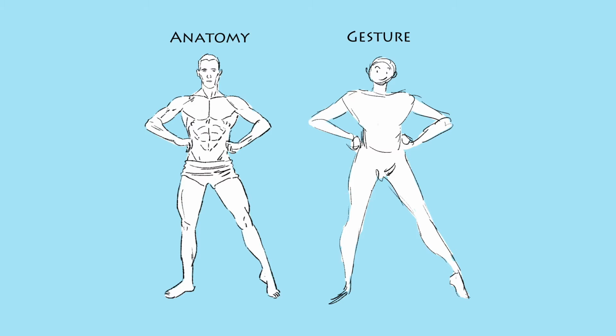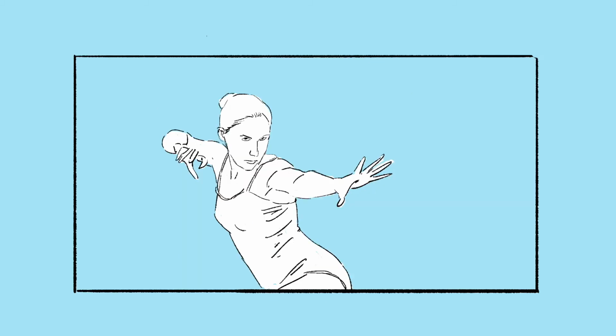So what you would do is just focus on the gesture of the character, because the gesture would communicate the action of the character and be more clear, and your director or your audience, whoever is watching the storyboards, will be able to understand what you're trying to say. They don't need the muscles to be there for the idea to come across.